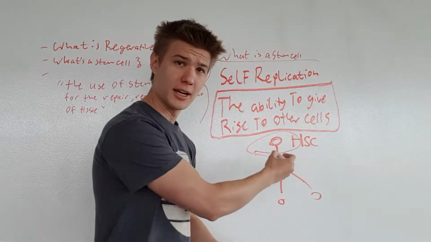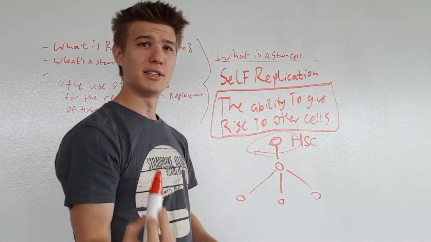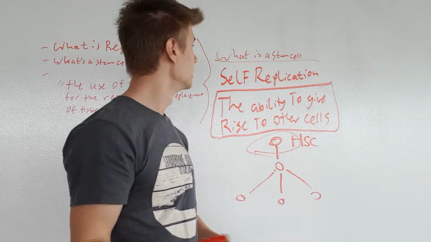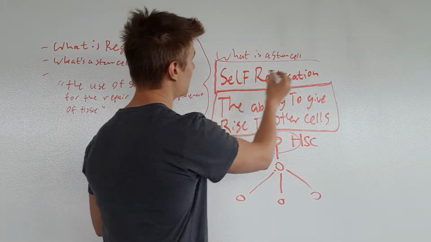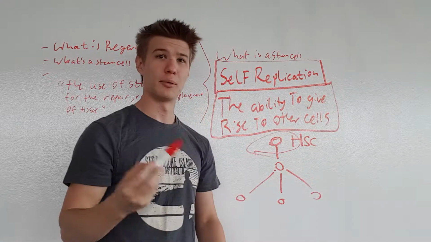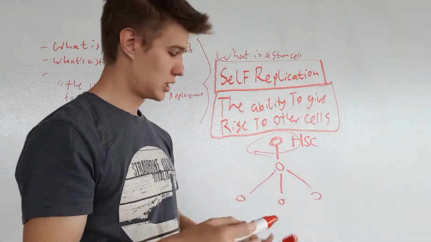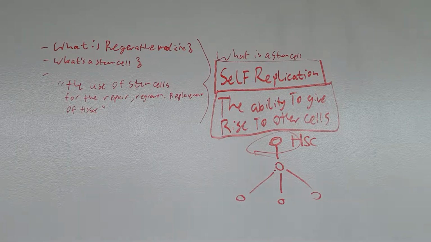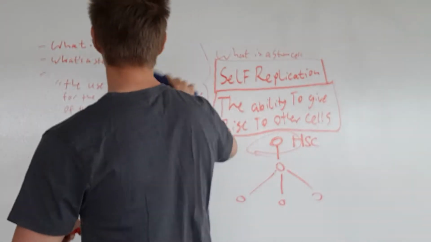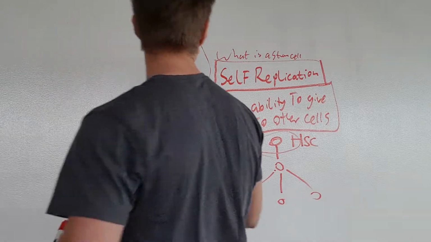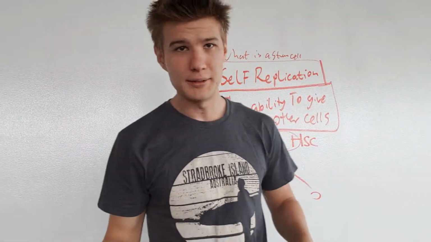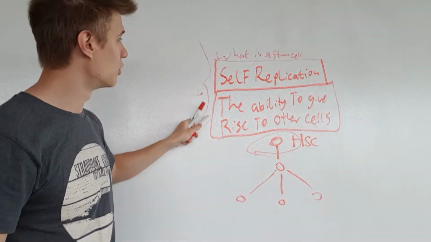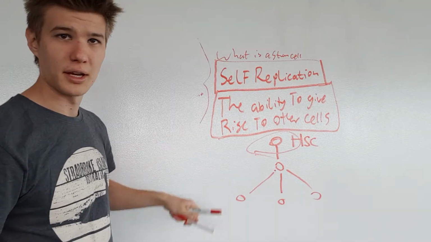So it differentiates into a materially different kind of cell. But in addition, it has the ability to self-replicate. And I'm going to discuss what that means right now, but I need an eraser. So we just established that a stem cell has the ability to self-replicate, give rise to itself, and also give rise to other cells, right?